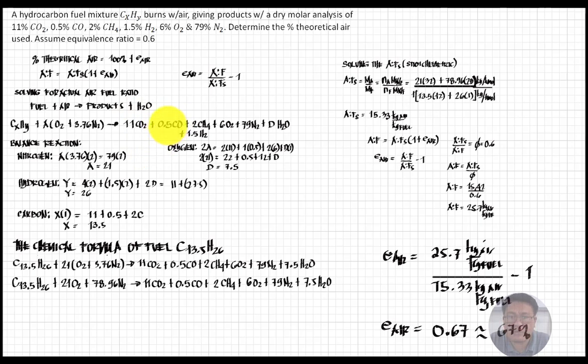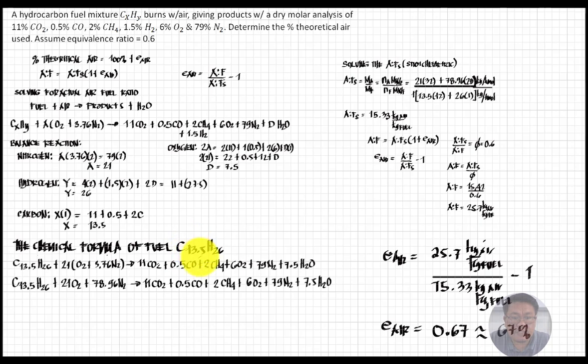Then we have your 0.5 for the other properties, and 2 and 6 and so on. Afterwards, you mass balance the reaction. Then we try to solve the values of a, d, y and x. Then after balancing the equation, we are able to determine what type of fuel is being used.